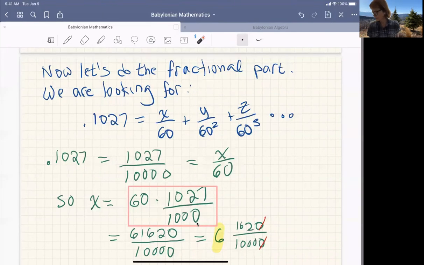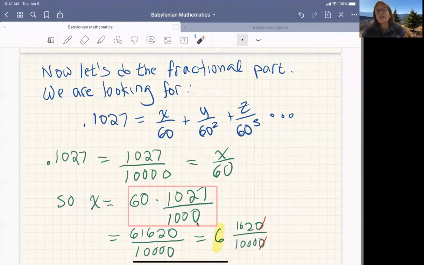So it's 6, because if we just ignore this, that's 60,000 divided by 10,000. So it's going to be the whole number 6 plus the fraction 1620 divided by 10,000. Now, by the way, this fraction over here can be simplified.